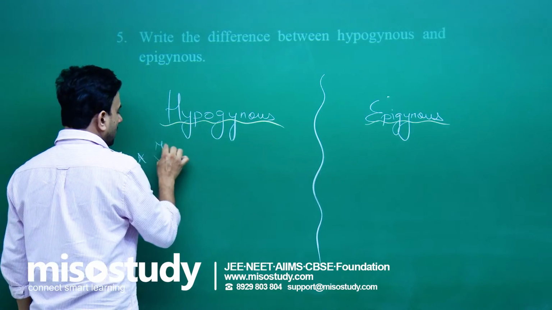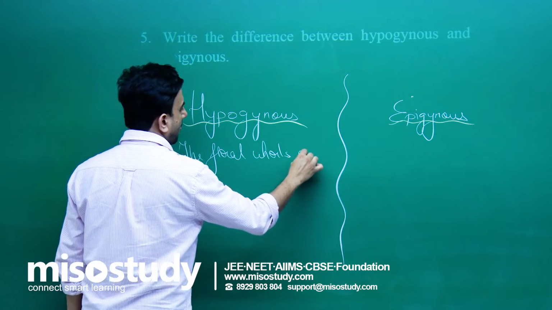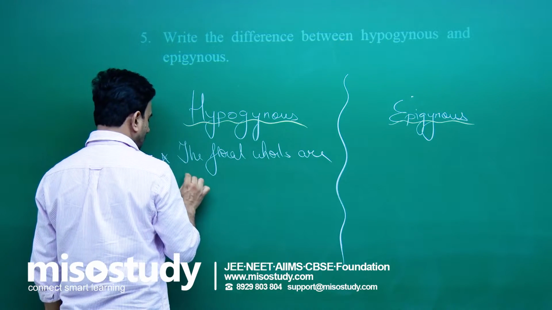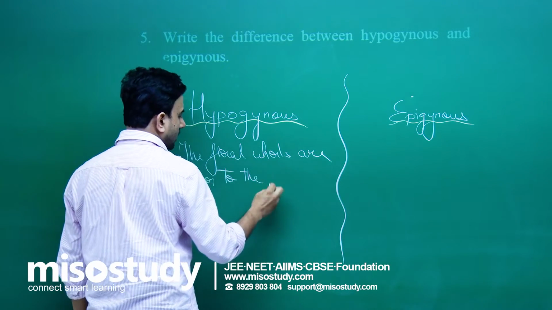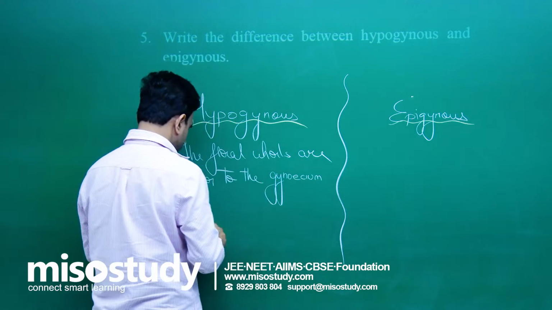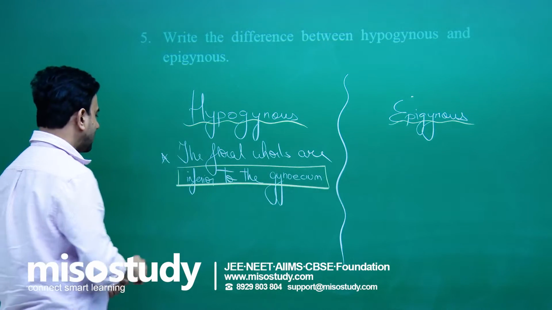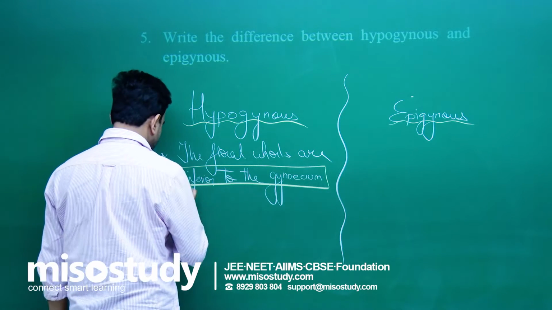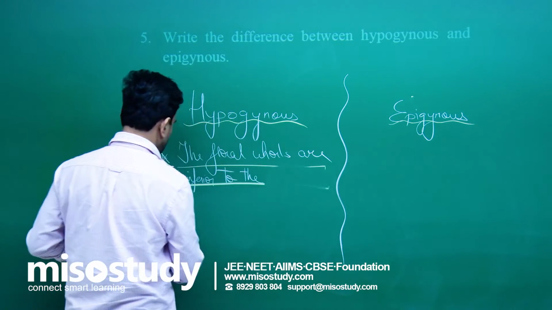Hypo: the floral whorls are inferior to the gynoecium, that is the ovary.